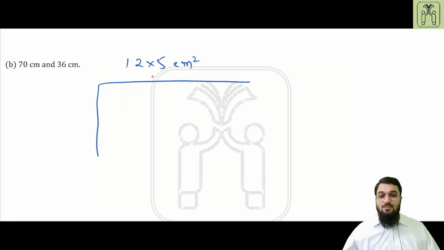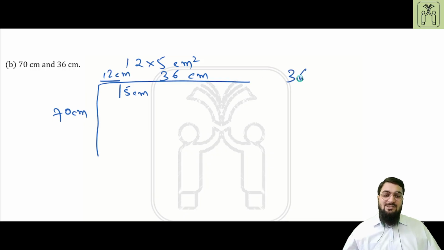So what we'll do, we will write over here 36 centimeter and over here 70 centimeter, and over here we will write 5 centimeter and over here we will write 12 centimeter.